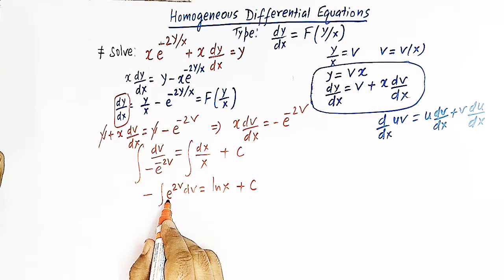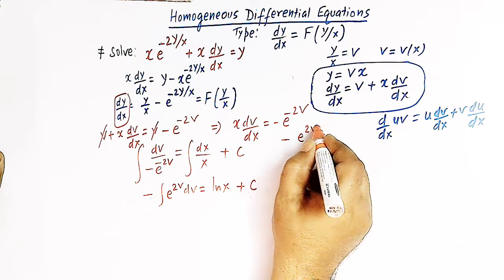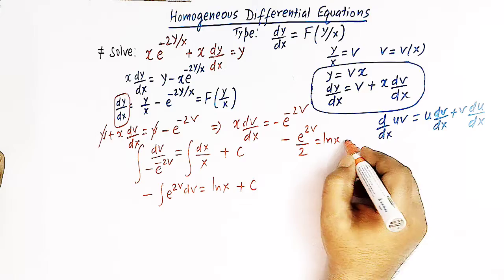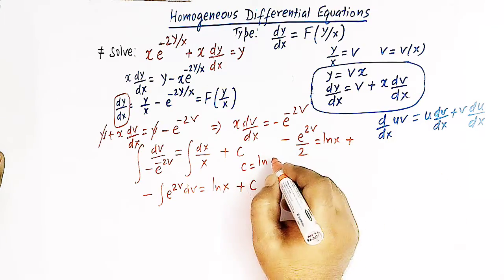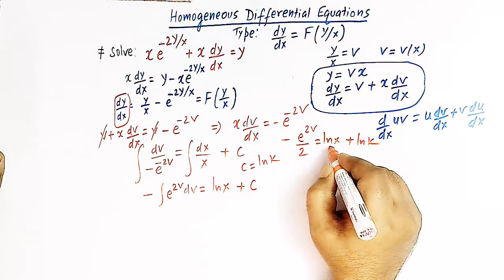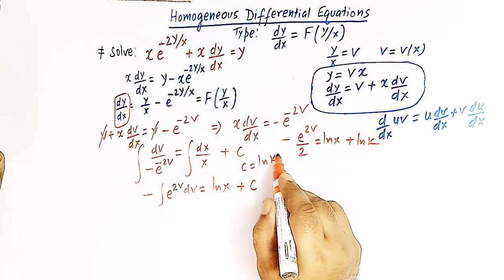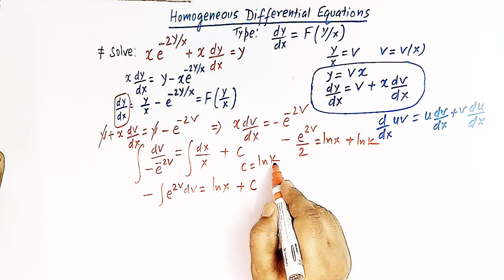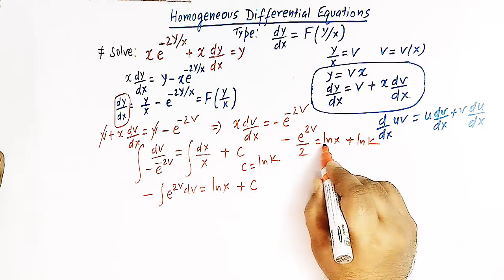Now the integral of e raised to 2v is e raised to 2v over 2, and here we have log of x, and here we can replace this c by some other constant, that is log of k, right? So that we can combine these two terms. For the convenience, we can take c as log of k, where k is some other constant, so that we can combine both these.